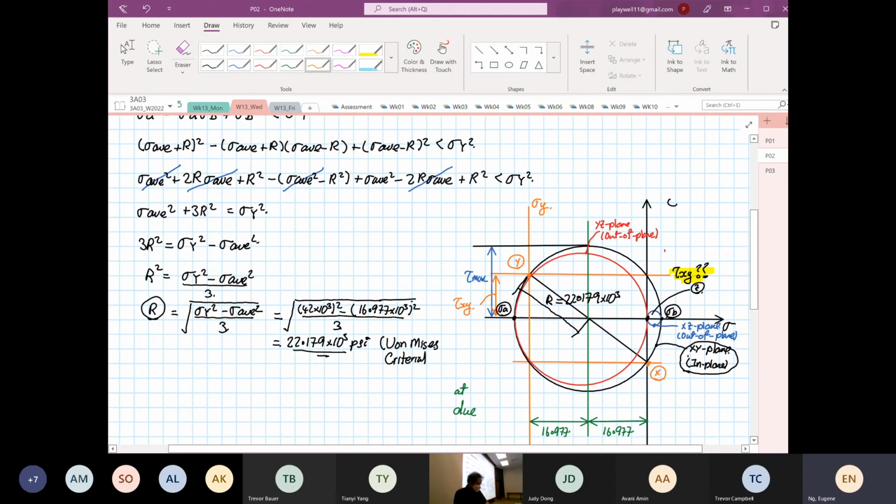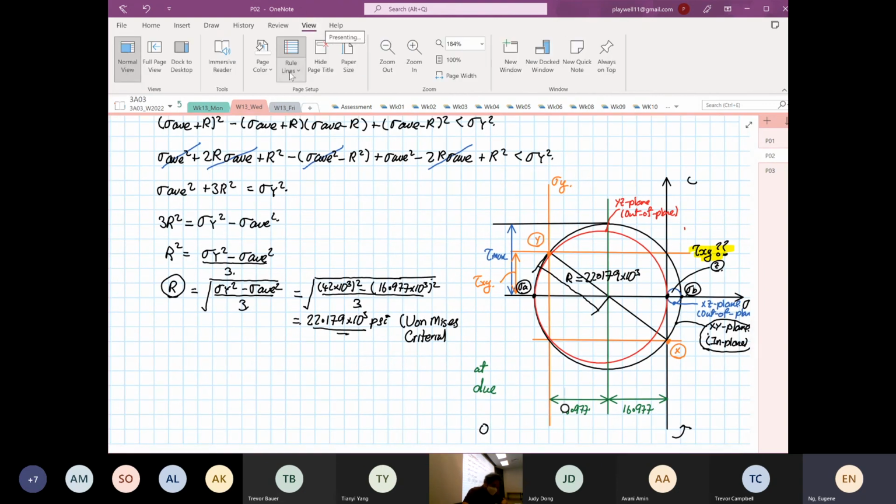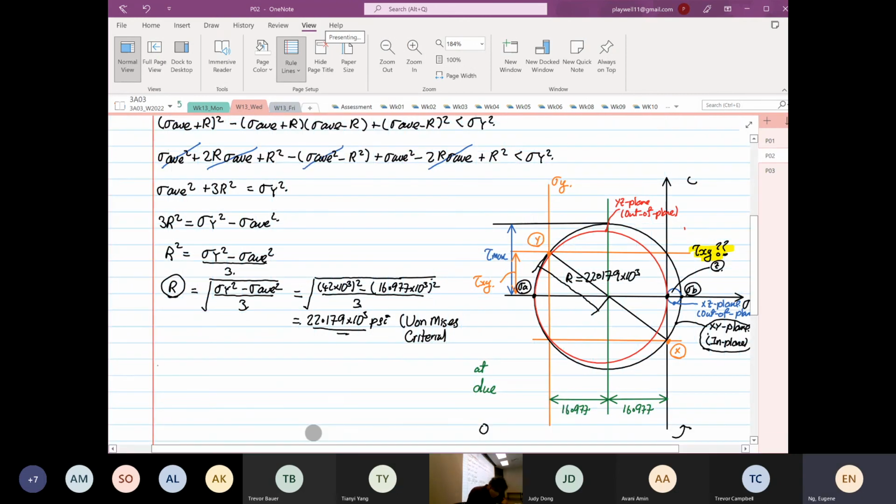So once we can find our shear xy, we can relate it to the torque. Shear xy is straightforward. No need to memorize any formula. High school math for now. So shear xy is equal to the square root of 22.179 times 10 to the power 3 squared, minus 16.977 times 10 to the power 3, the whole thing squared.